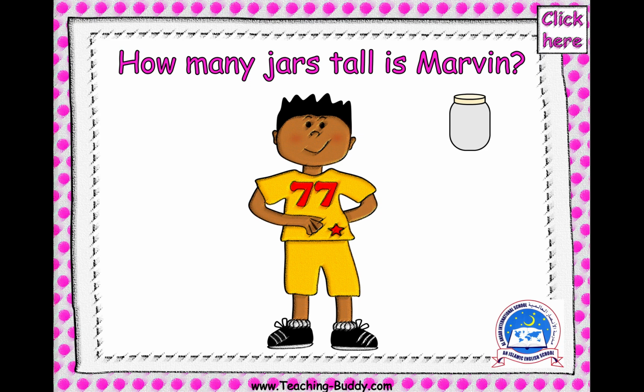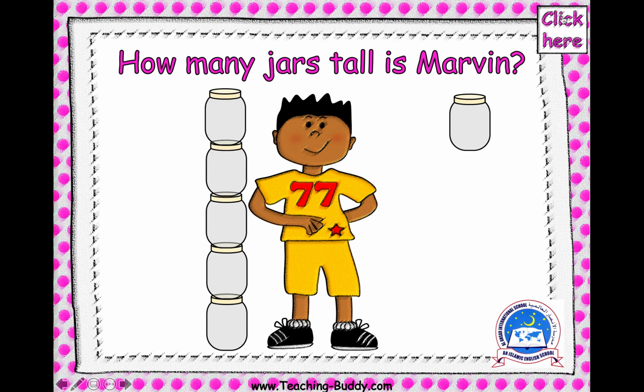Now here is this boy. His name is Marvin. Now we want to measure how tall Marvin is using these jars. So you see, we can use anything we want to, but we have to use the same thing. So let's see how many jars tall Marvin is. Let's count. One, two, three, four, five.